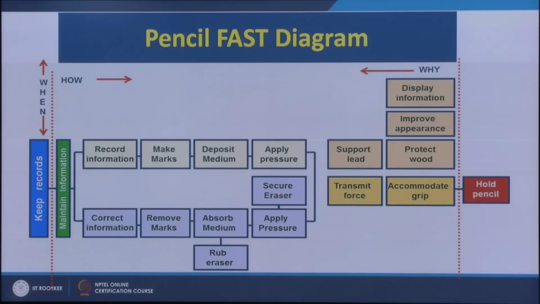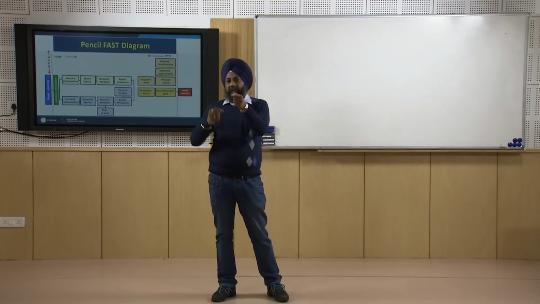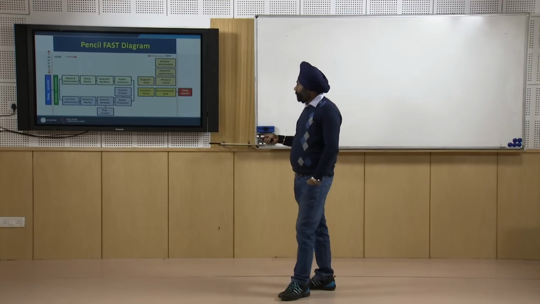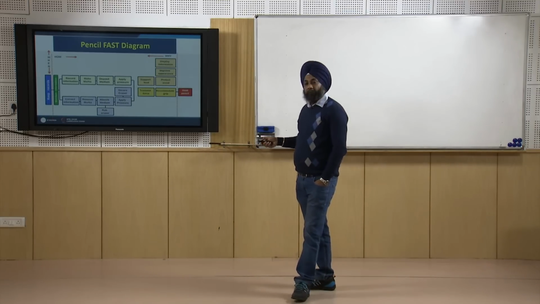From here we can see there is another path related to the eraser: secure eraser, apply pressure, absorb medium, remove marks, correct information. As we saw in the first slide today, the pencil has a metal cap as well as an eraser. What does that mean? That means you have a secondary purpose also.